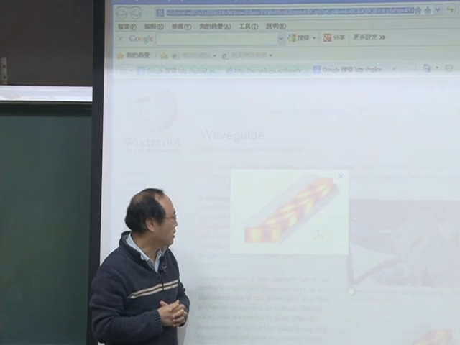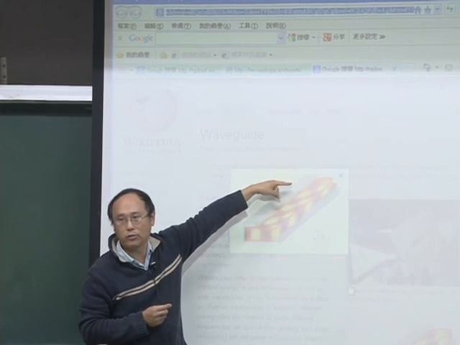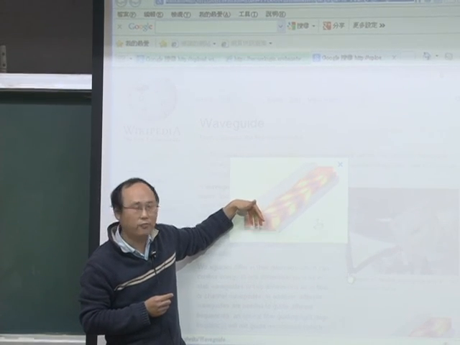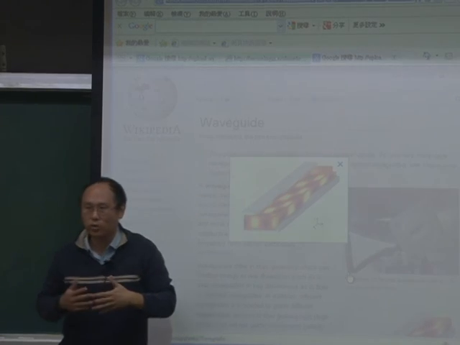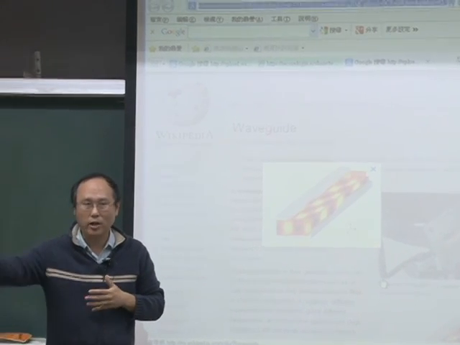The reflected power sometimes can damage your source, so you have to do so-called impedance matching. Therefore, you can deliver energy from one position to the other position without much reflection back.